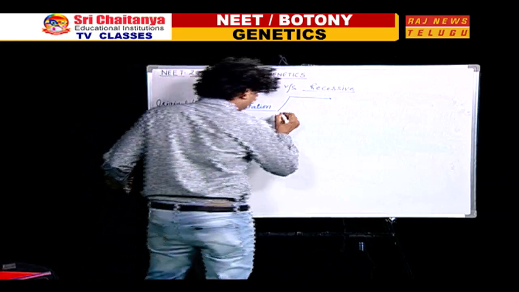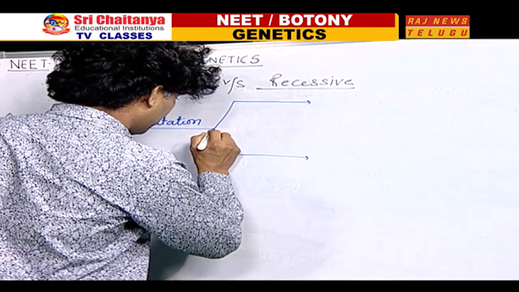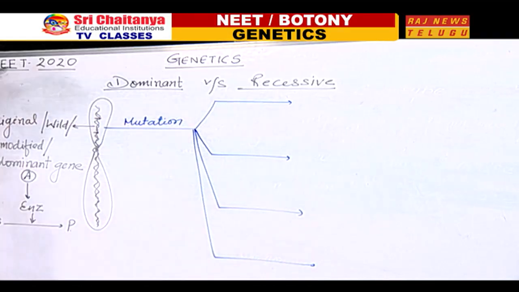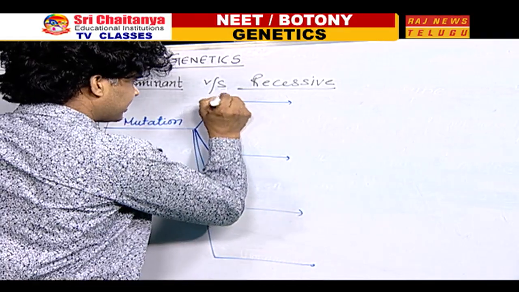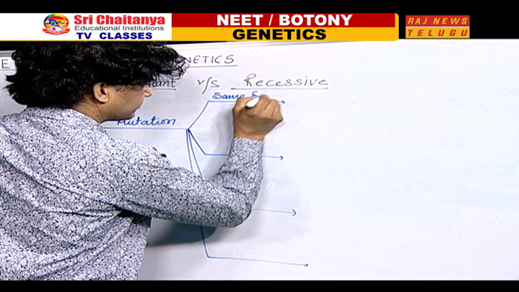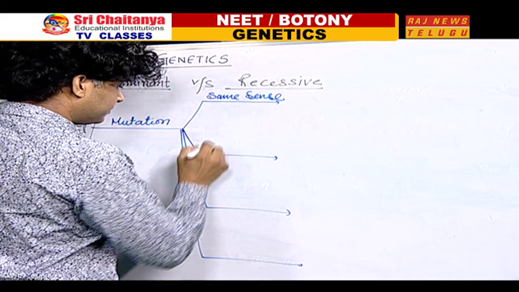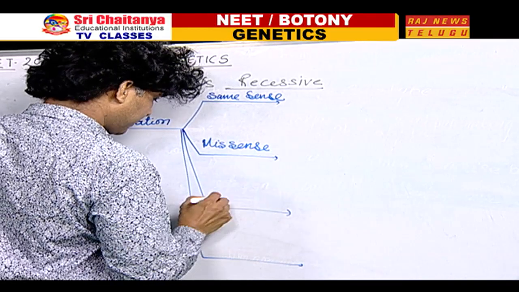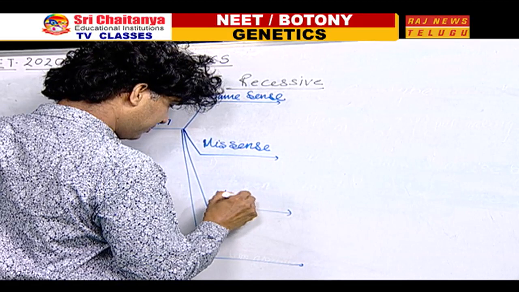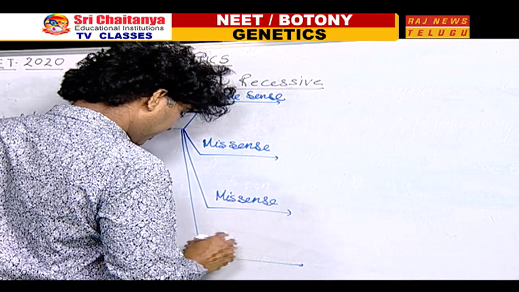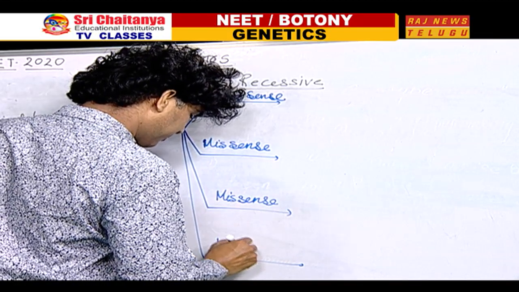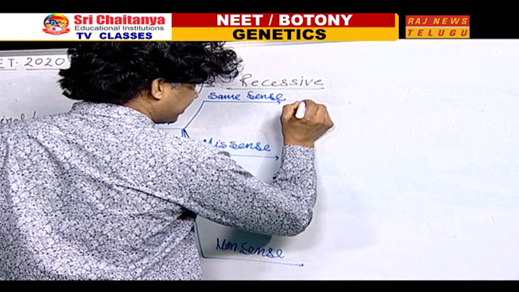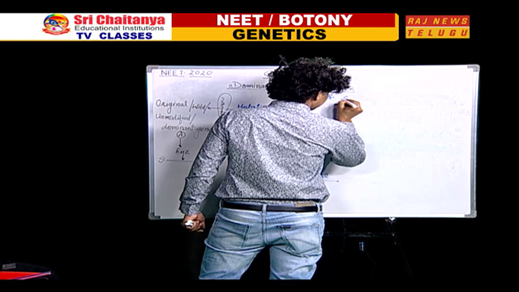Here there are four possibilities I will share with you with respect to mutation within a wild gene. Same sense mutation, missense mutation, and nonsense mutation. After same sense mutation, the same enzyme will arise.